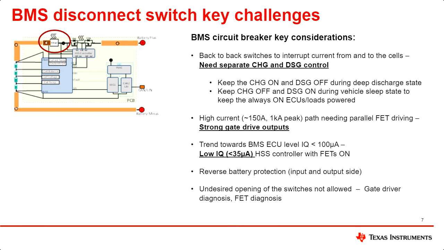So we need to have a very high gate drive strength to drive these FETs. Apart from that, this controller also needs to have separate charge and discharge control in order to stop the current in either a forward overcurrent event or a reverse overcurrent event.